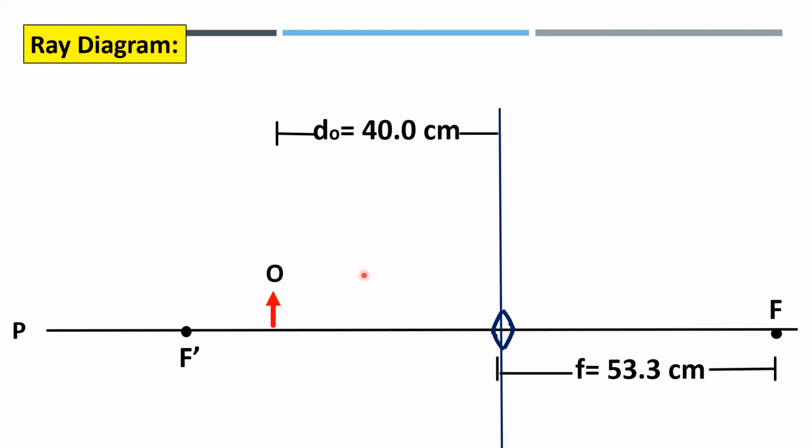Just like in our first ray diagram earlier, we will choose the most convenient incident ray that will hit the lens, and that is a ray that is parallel to the principal axis. So there it is, parallel to the principal axis. When it passes through a converging lens, this is what will happen.